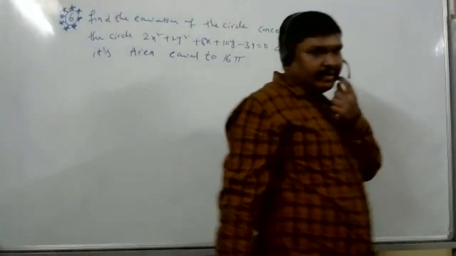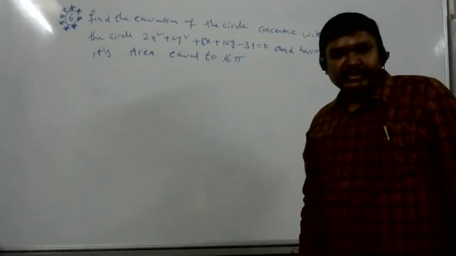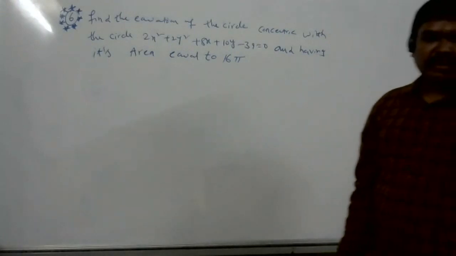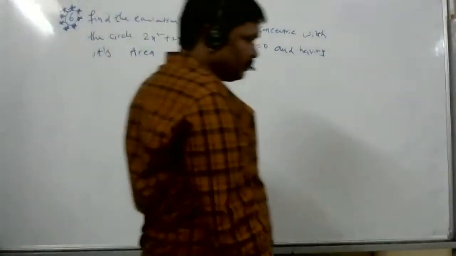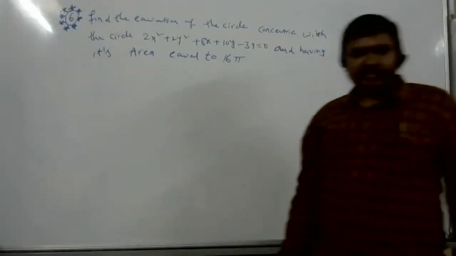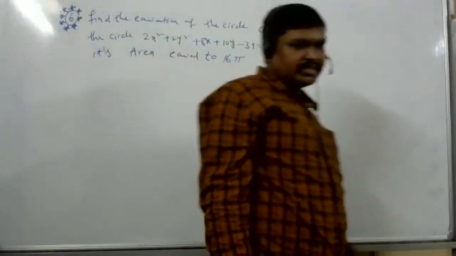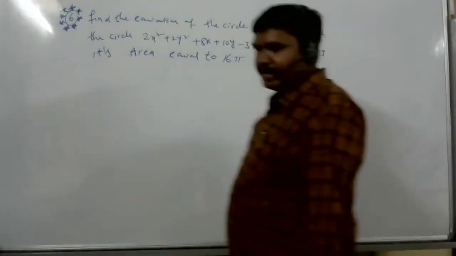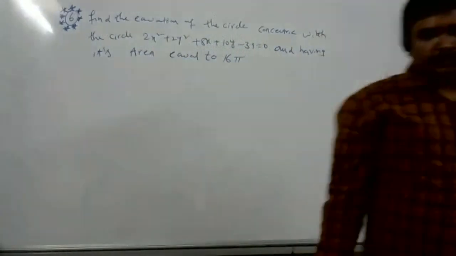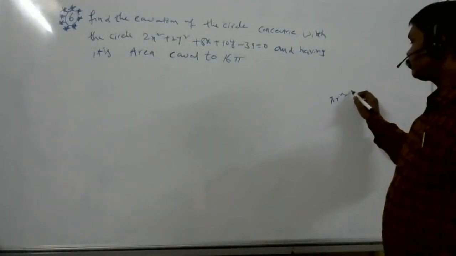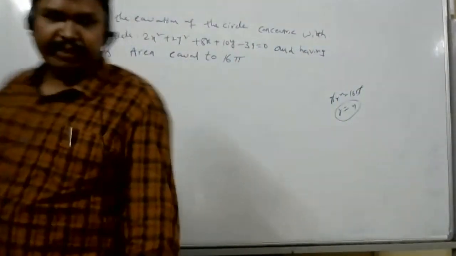Equation of the circle concentric with the circle 2x square plus 2y square plus 8x plus 10y minus 39 is equal to 0, and having its area equal to 16 pi.